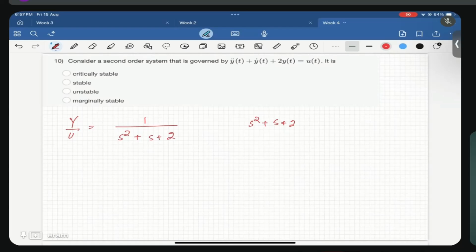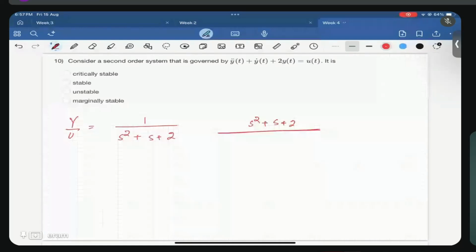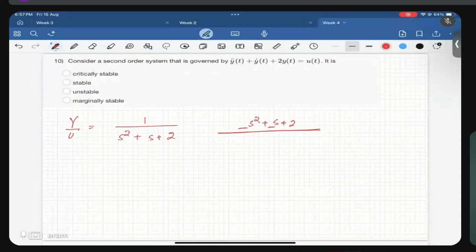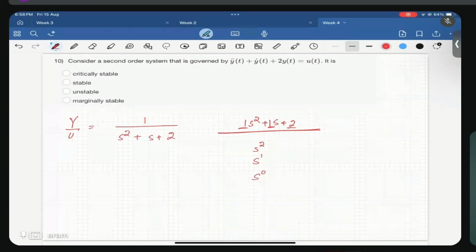For a polynomial of order 2, we have this necessary condition that if all the coefficients, like here we have 1, 1 and 2, are non-zero and of the same sign, all coefficients are present for s square, s1 and s0. For s square we have 1, s we have 1 and s0 we have 2.